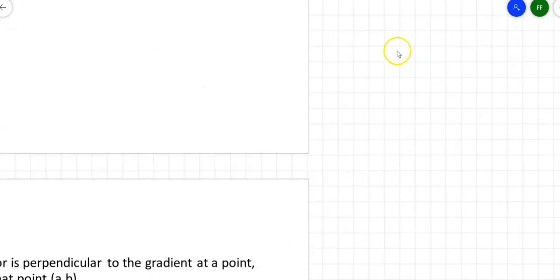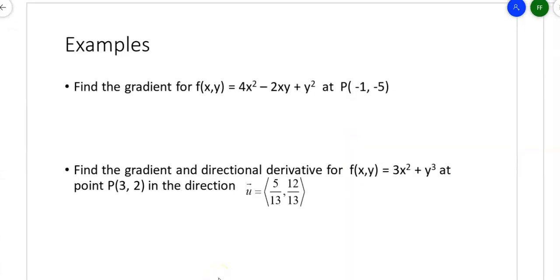All right, so let's try a couple of these. The first one up here says find the gradient for f of xy equals 4x squared minus 2xy plus y squared at the point negative 1, negative 5. This just means we want the partials. Right? We're not finding directional derivatives here. We're just being asked to find the gradient.